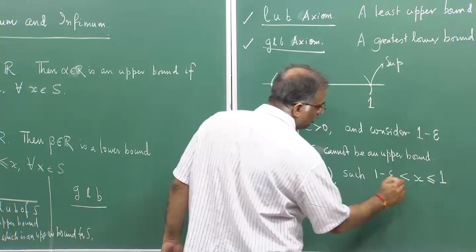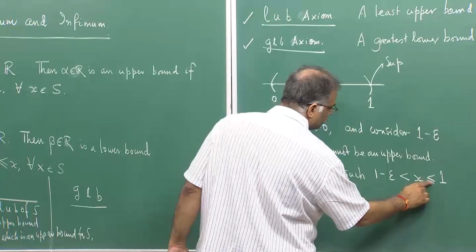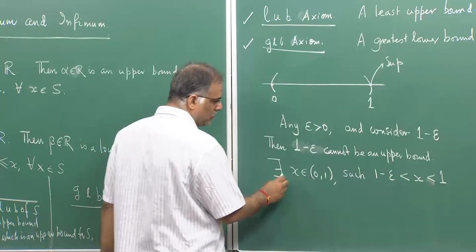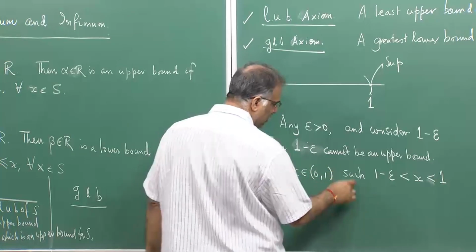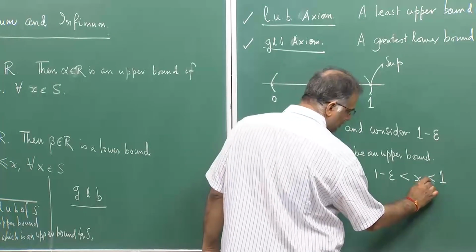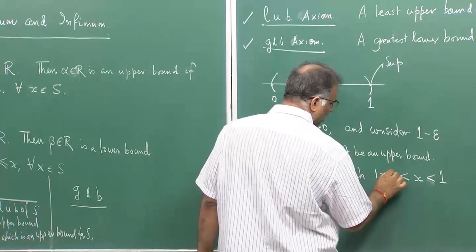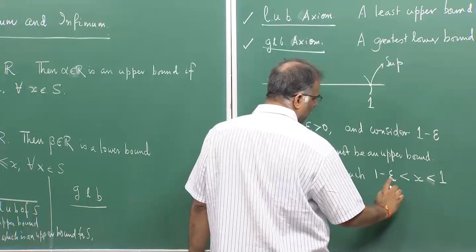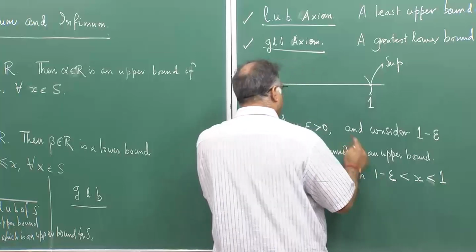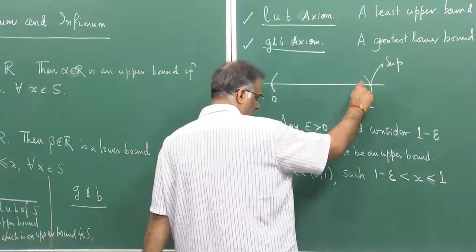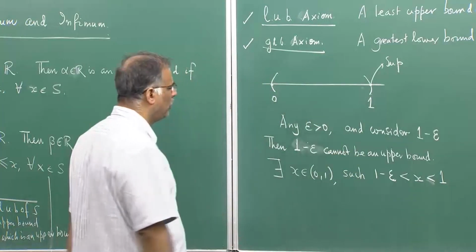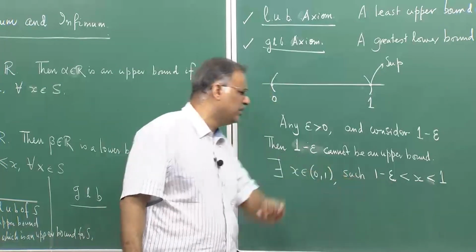Oh, sorry, right. So, there has to be some x in 0 1 which has to be bigger than 1 minus epsilon.